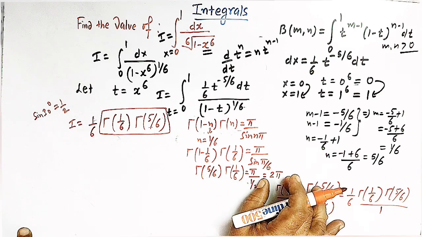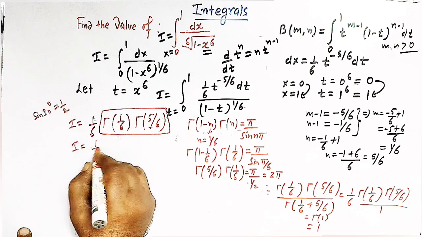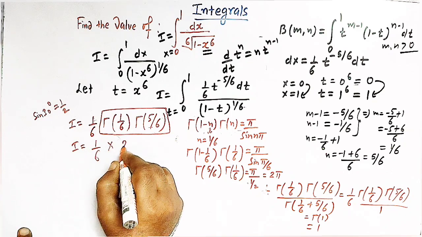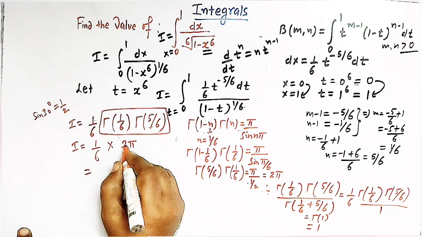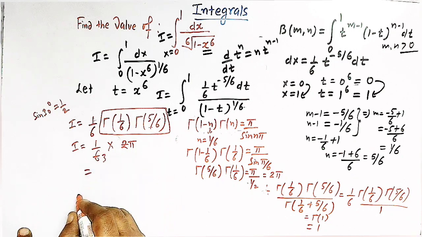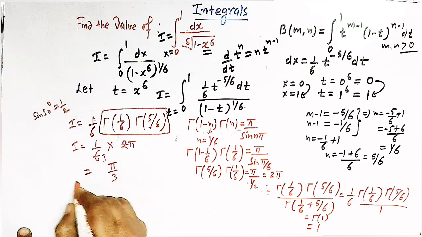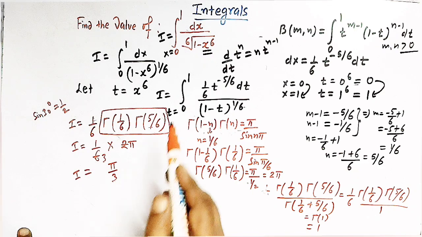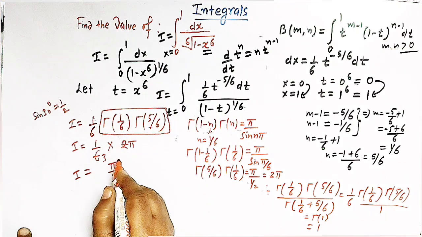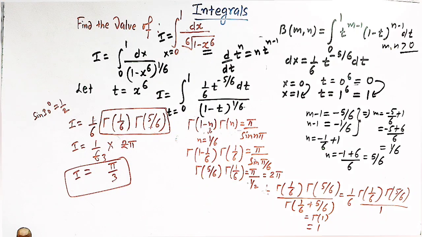So substituting this value over here, the value of the integral I is now 1 over 6 times 2 pi, and we can now cancel this 6 by 2. So we have here 2 times 3 is 6. So this is pi over 3. So viewers, the value of this integral is equal to pi over 3.